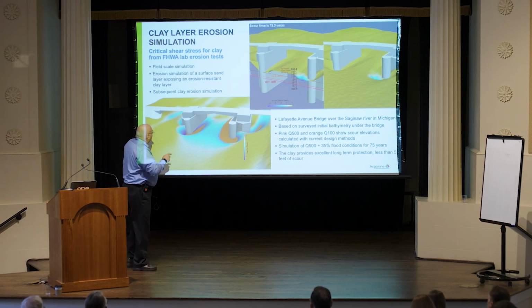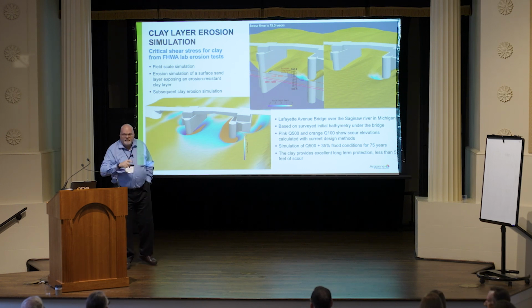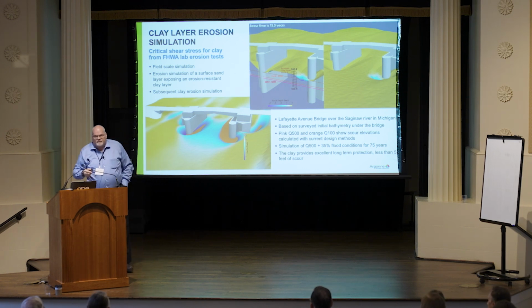And then it took us a flood of 75 years at those idiotic conditions to actually go down by 4 feet, right? So that was kind of the proof that the clay basically stops the erosion under these foundations, right?